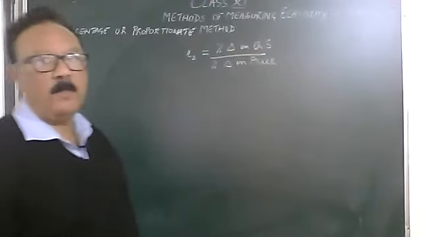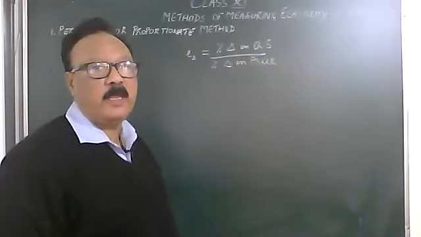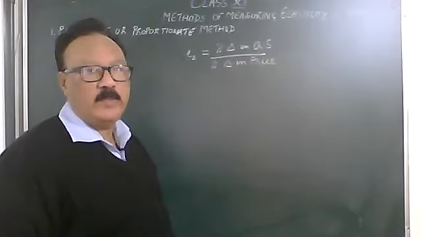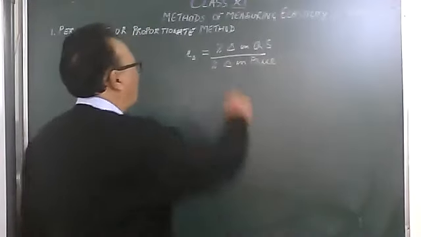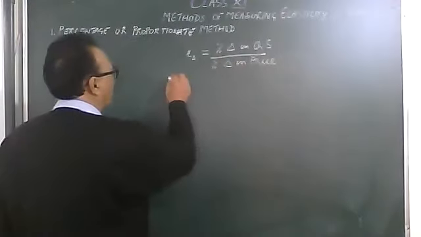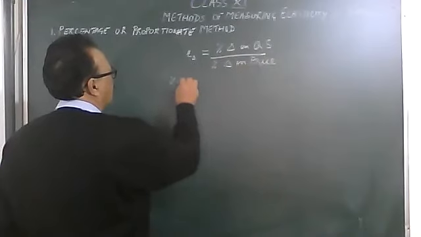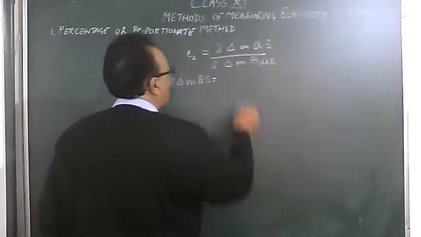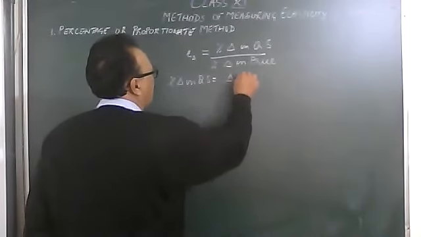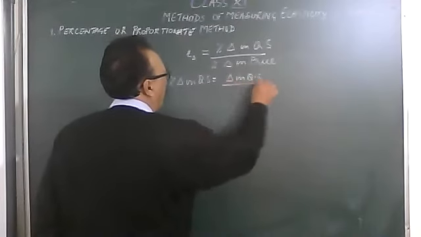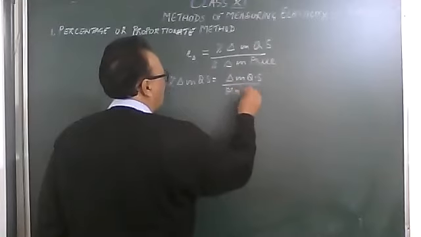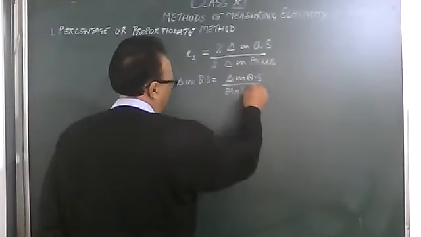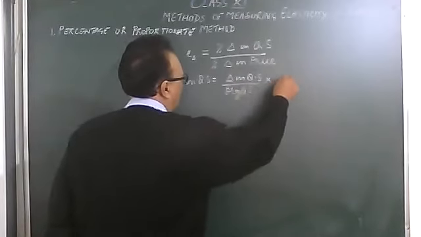This is the formula we will be using when we are doing it by the percentage method. Now, how do you calculate percentage change in quantity supplied? Percentage change in quantity supplied is calculated as change in quantity supplied upon the original quantity supplied into 100.